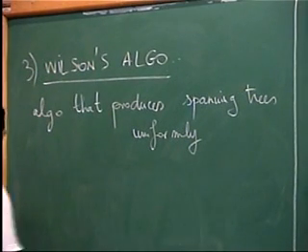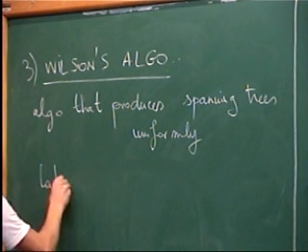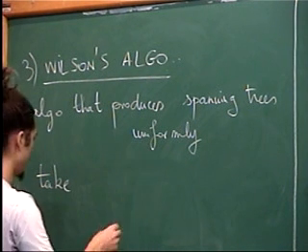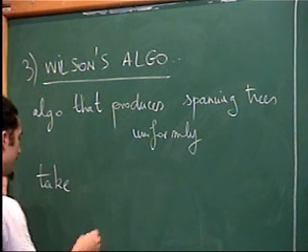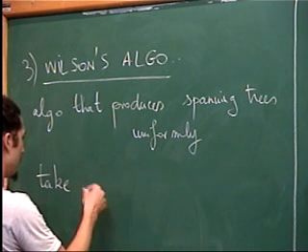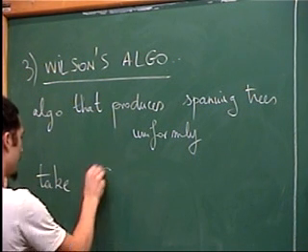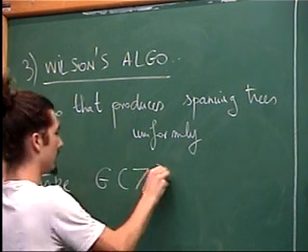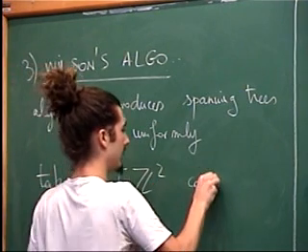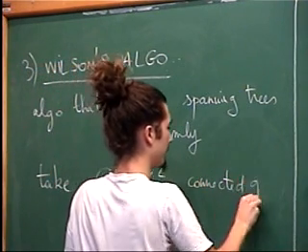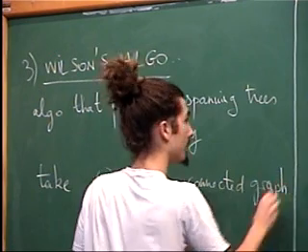So take a graph, a finite connected graph, a finite subgraph. We are working with the same objects. So we have G here.